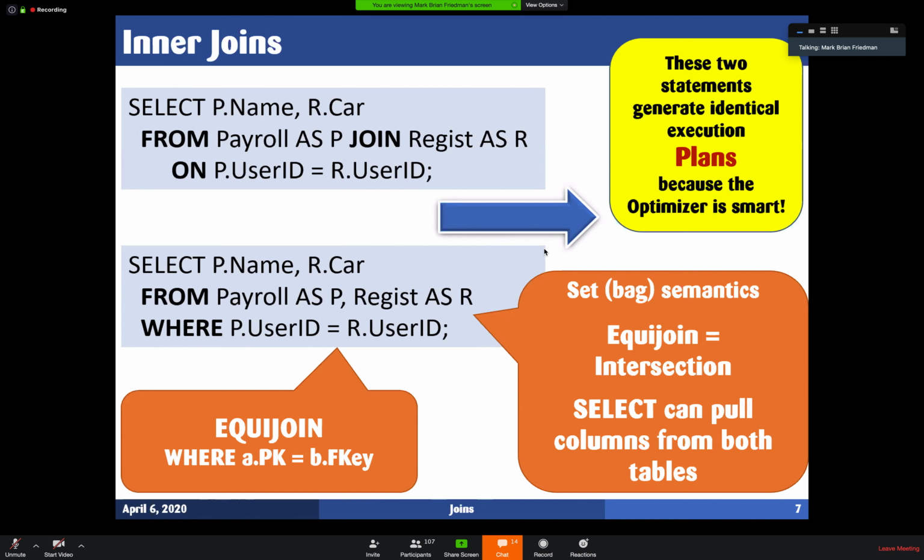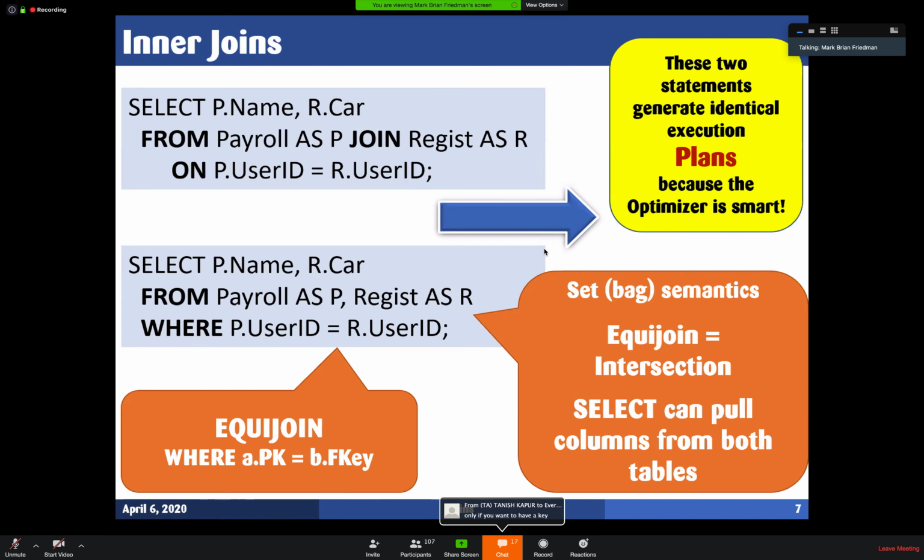One way was coded explicitly with the join keyword, and you see join on. The other way of doing it was not to use the join statement, but to have join be implied by having multiple tables referenced in the from clause. So that implies a join.